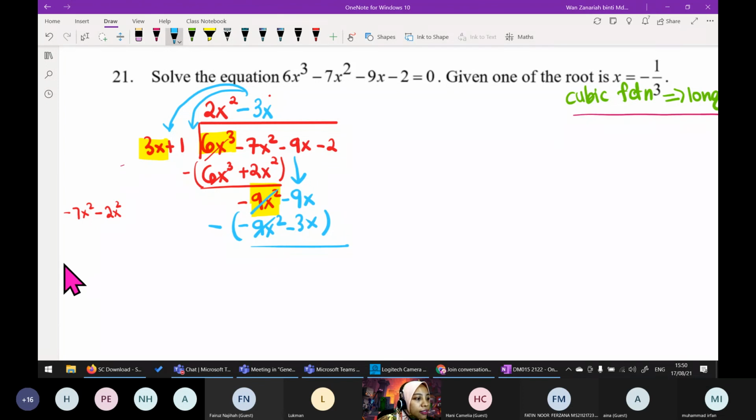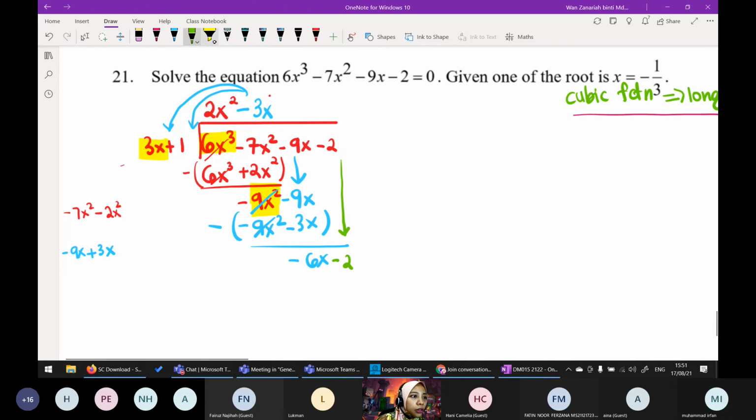Okay, so now negative 9x, conteng sikit, negative 9x. Negative. So it become positive 3x. So berapa ni? Negative 6x. Yes, negative 6x. Okay, do we have any other numbers here? Yes, we have minus 2.